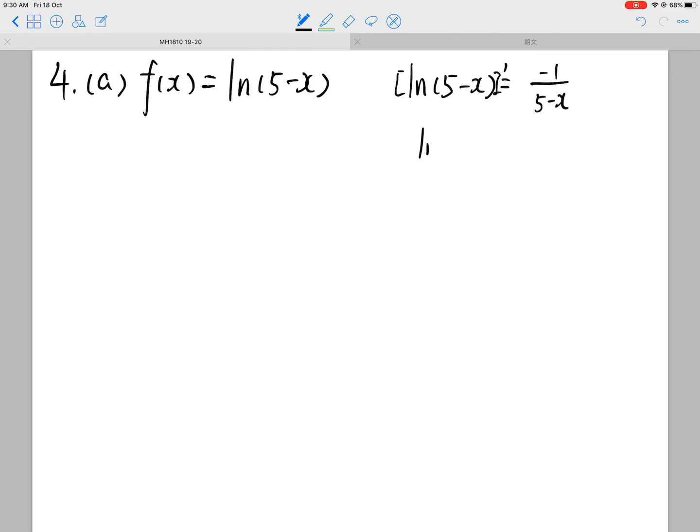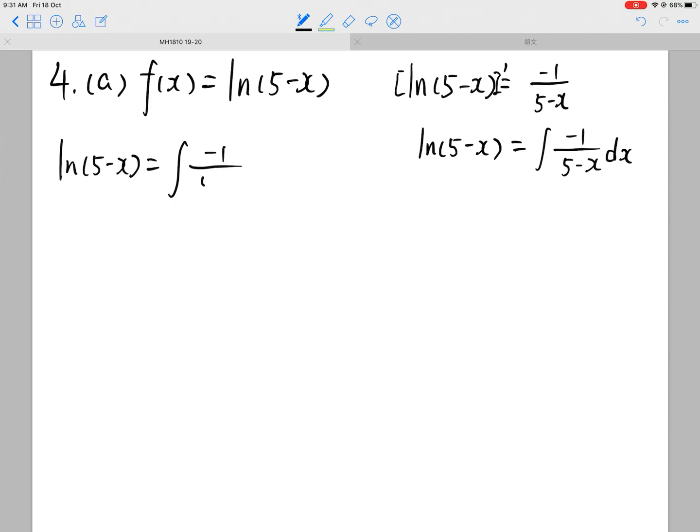Okay, so ln(5 minus x) is the integration of this part. So ln(5 minus x) is the integration of -1 over (5 minus x) dx.